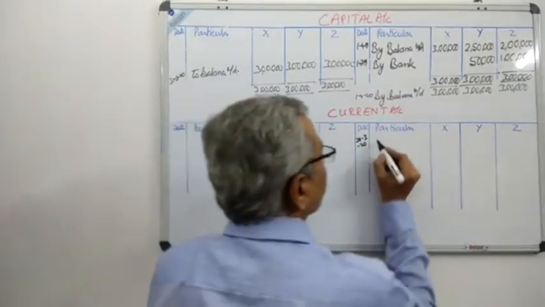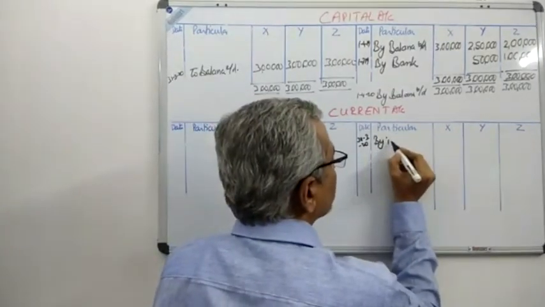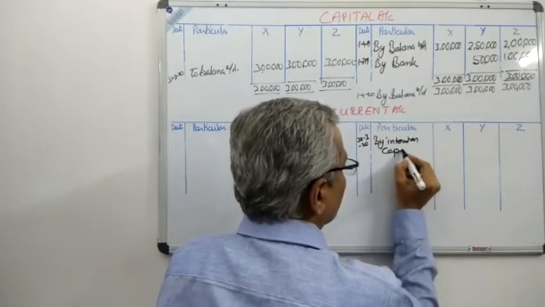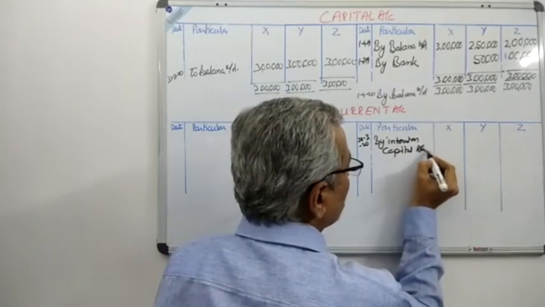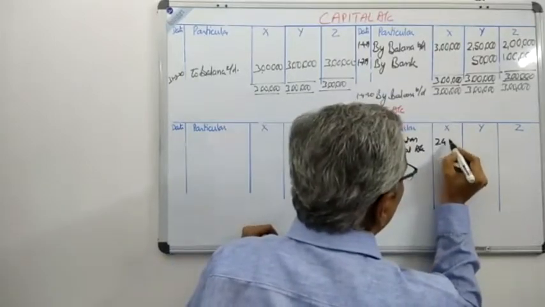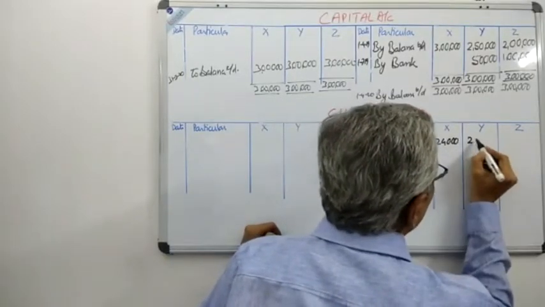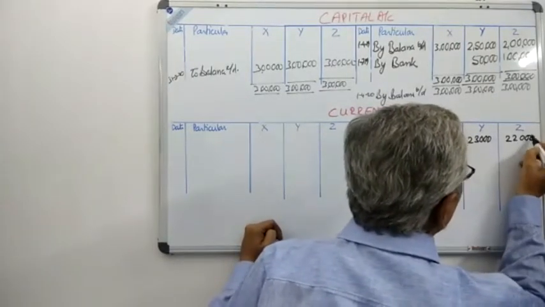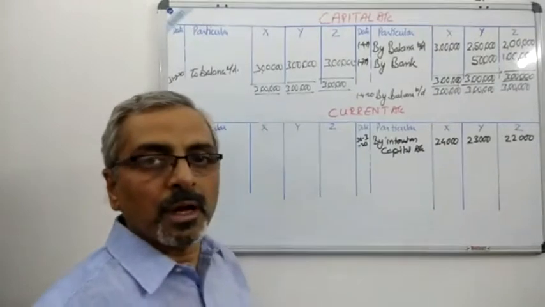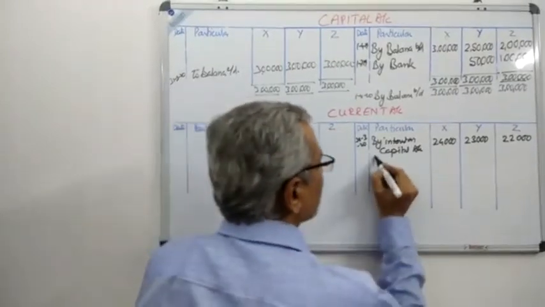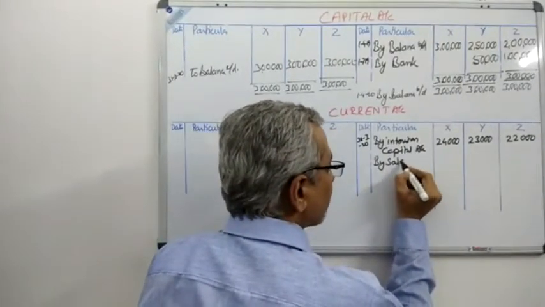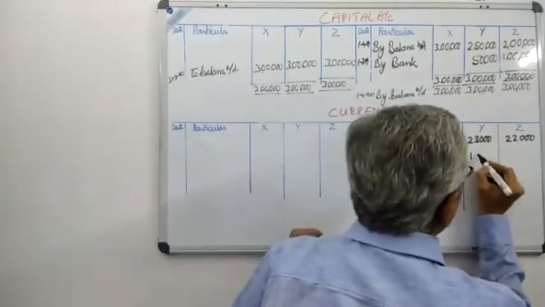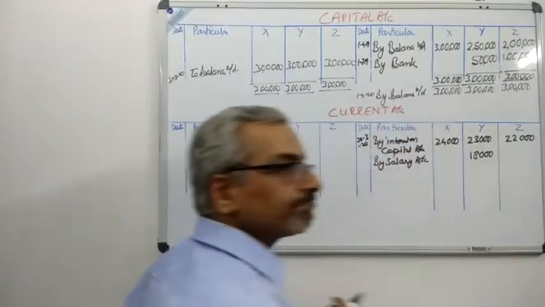So we'll start with the first entry, by interest on capital. If you remember, interest on capital of the first partner was 24,000, the second partner was 23,000 and the third partner was 22,000. This was the information. Apart from that, there is a salary which was given to the second partner, and the salary was 18,000.